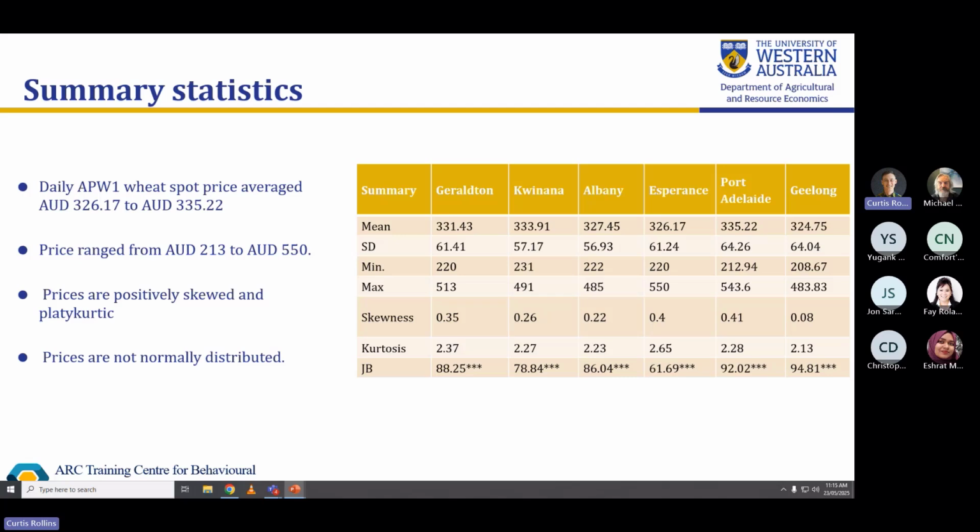When you see the summary statistics, the average price is about $326 to $335 in different port zones. They range from $213 to $550 during these 10 years, and prices are positively skewed and plateaued. And when I test for the normality of these price distributions, they are not normal.